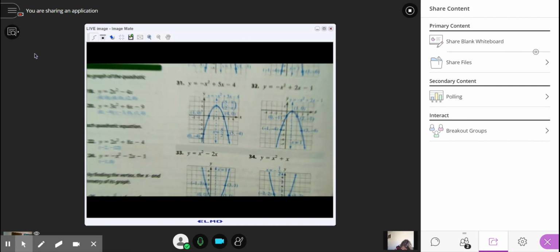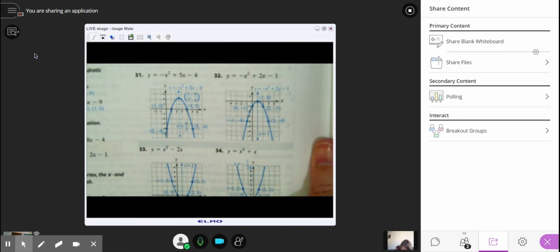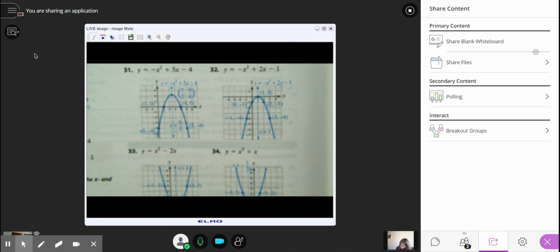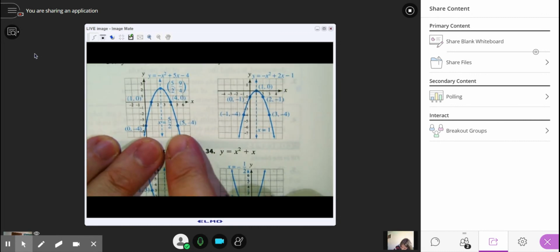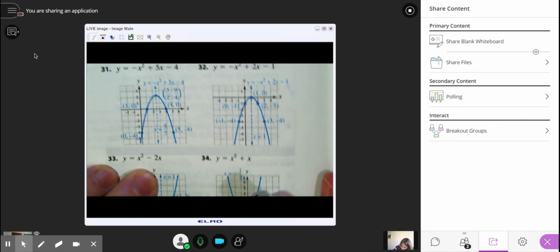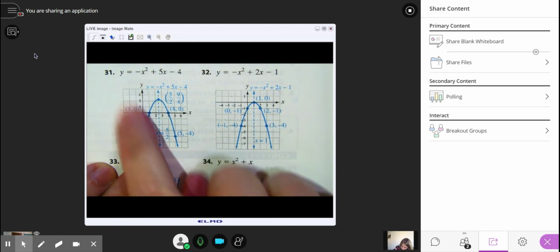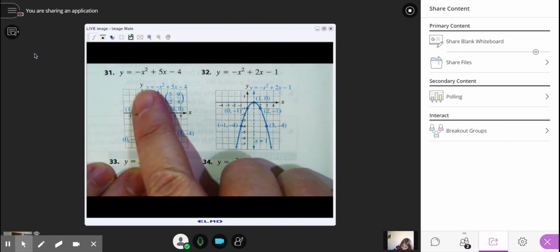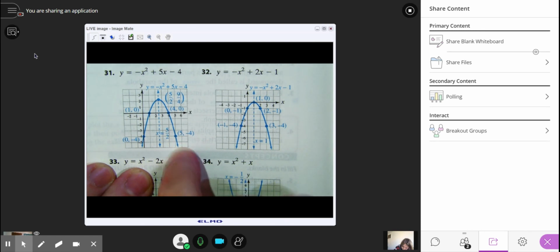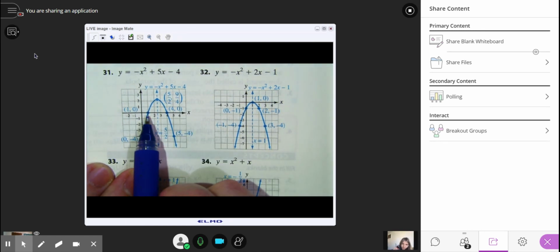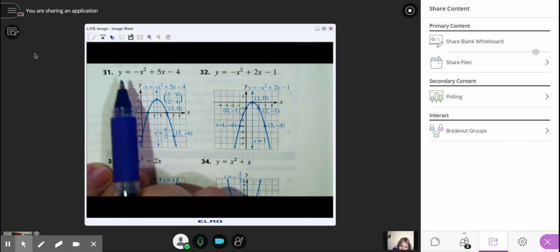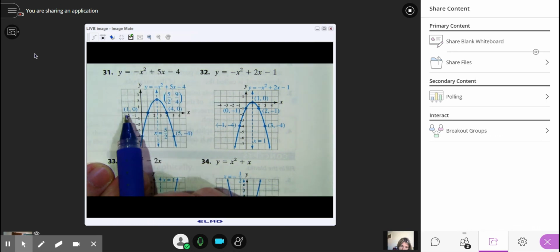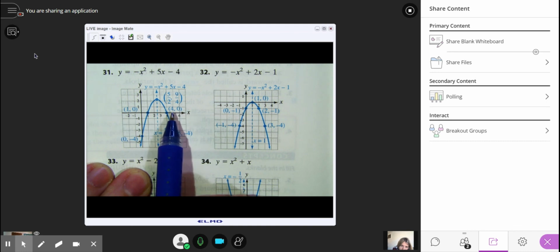I just want to look at a couple of graphs here so that you can see. All right, so if I'm looking at problem 31 here, and they've got the graph in blue, do you see how it has x-intercepts at 1, 0, and 4, 0? That tells me that the solutions to this equation are x equal 1 and x equal 4.